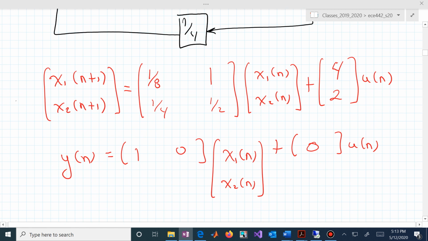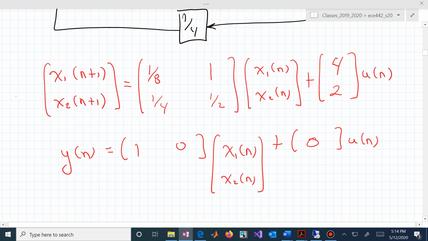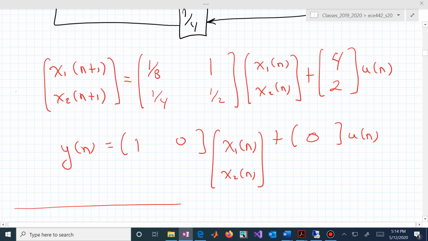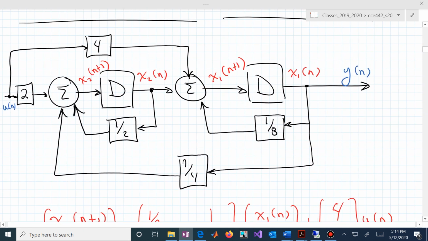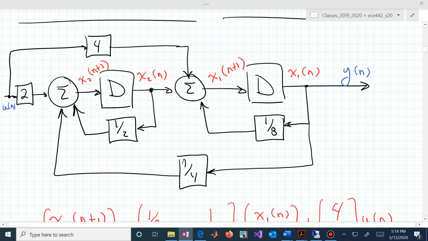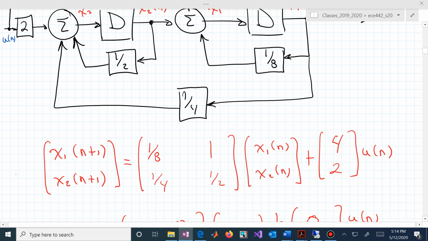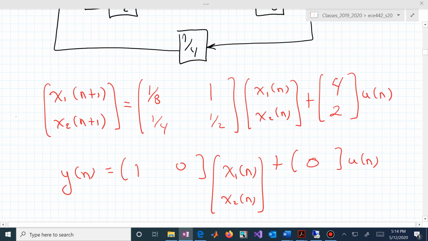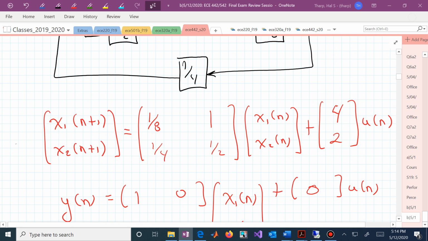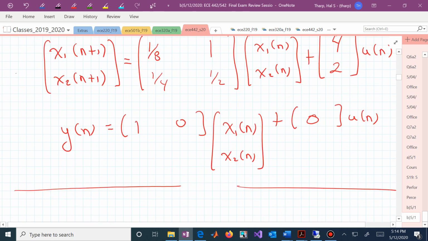So there is our state space representation, and you should be able to go back and forth. You could now z-transform that state space and find a transfer function. You could do the block diagram algebra and find the transfer function between u of z and y of z, etc. You could now apply a step input to this system and find the structure of your output. You can do all sorts of things with this system representation.